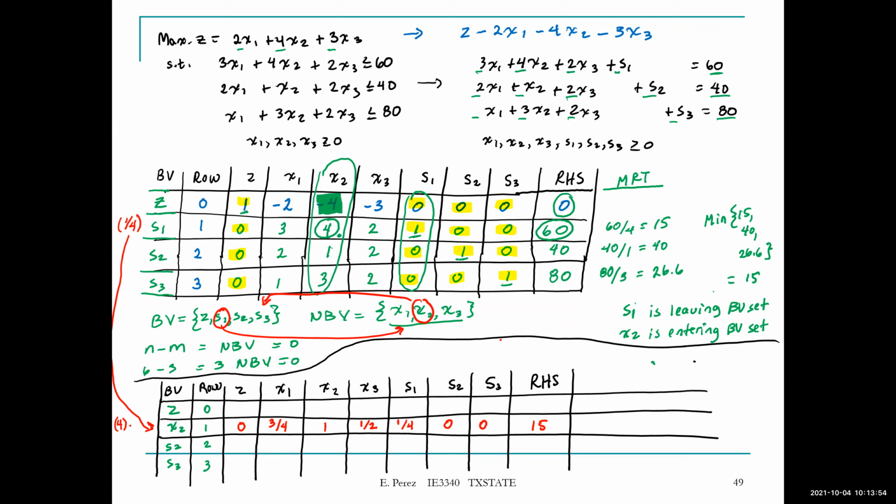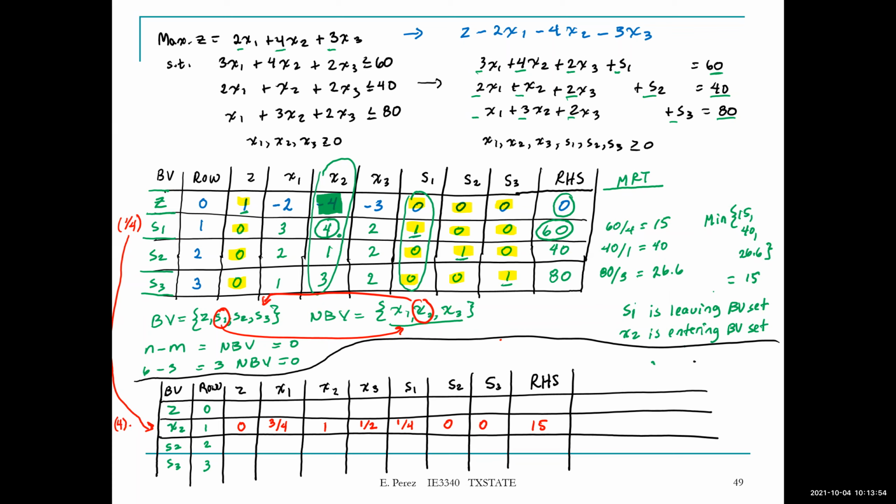So if you multiply by 4 row 1 and you add it to row 0, this is going to be 1, 0, minus 1, 1, 0, 0, 60.